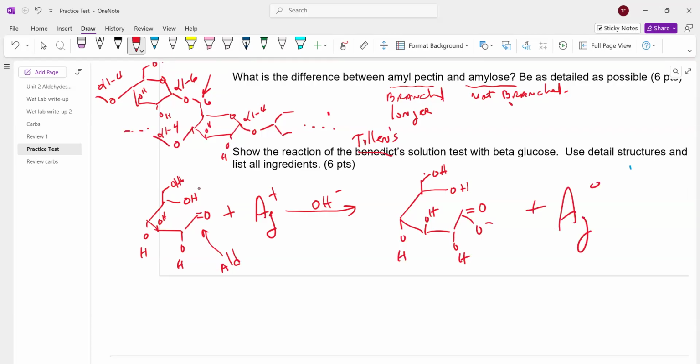And the silver goes to silver metal. So we've got reduction, oxidation. And then the positive result: silver nitrate is colorless, so when you dump in a reducing sugar, it turns very dramatic.